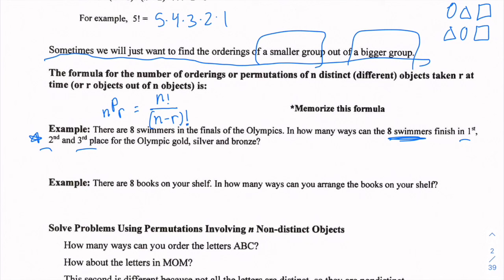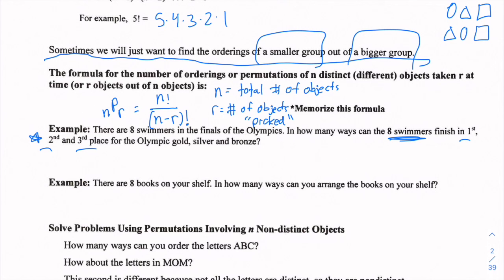Where n equals the total number of objects and r equals the number of objects picked. I use the word pick because it has a p, right? The number of objects that are picked.